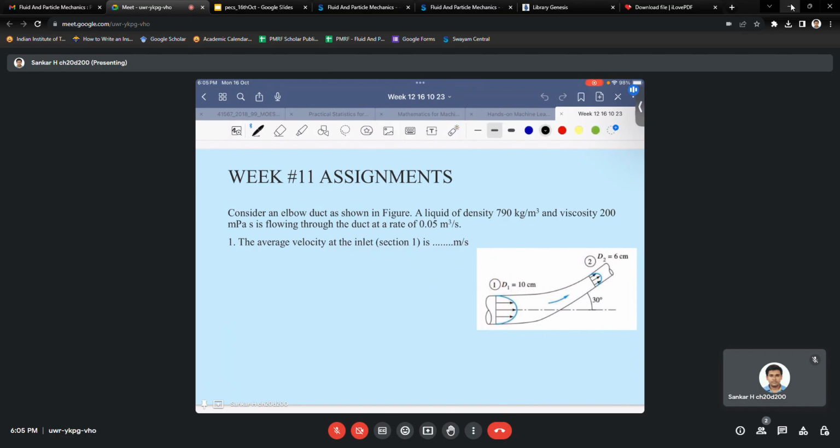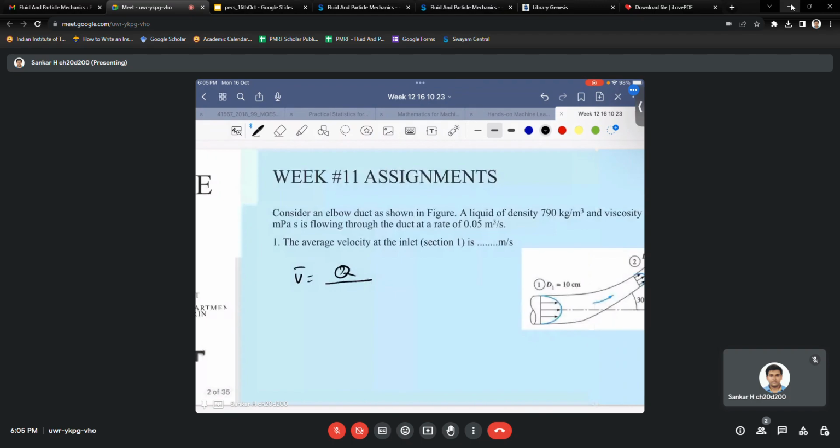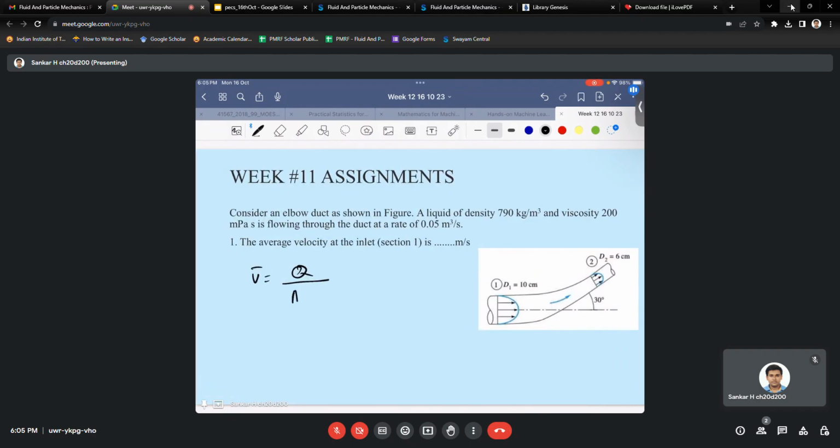Now the average velocity, as we have been doing so far, is very straightforward to calculate. In whatever regime it is, the average velocity V bar is basically the flow rate divided by the area. The area is pi times d1 square by 4, using the same notation as given.